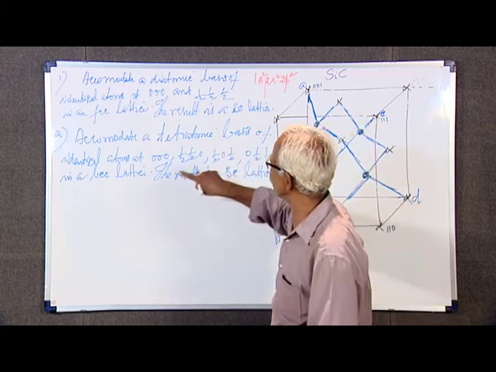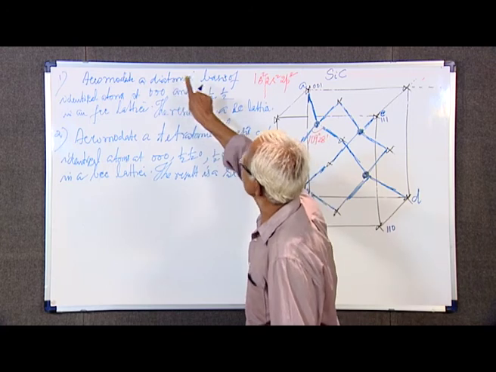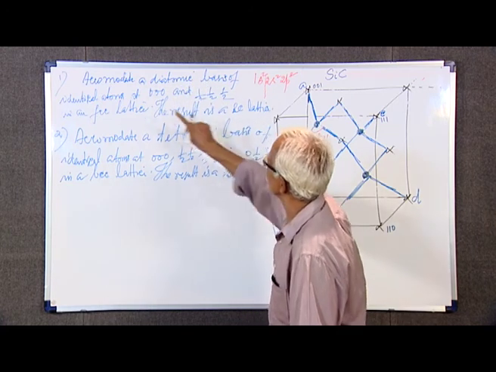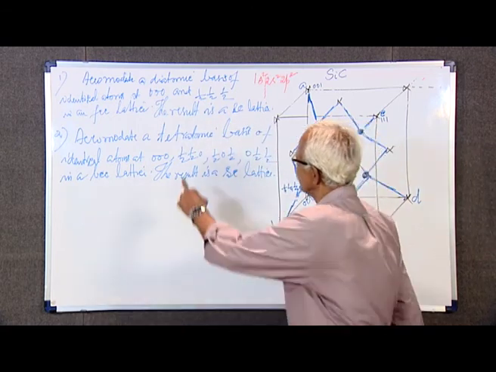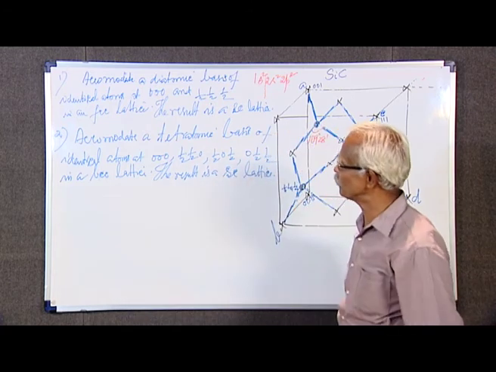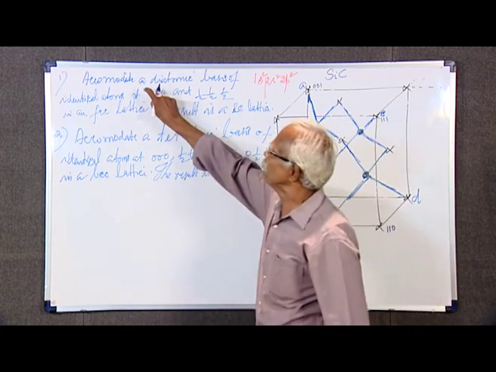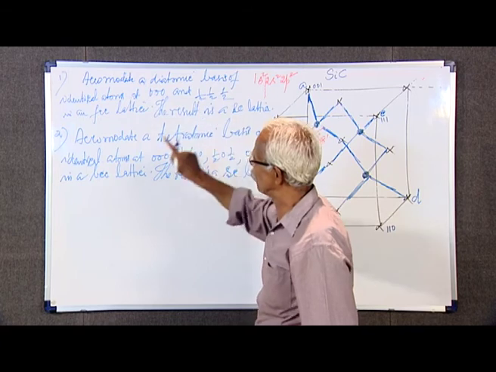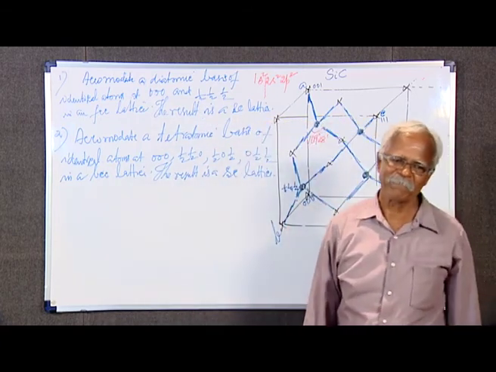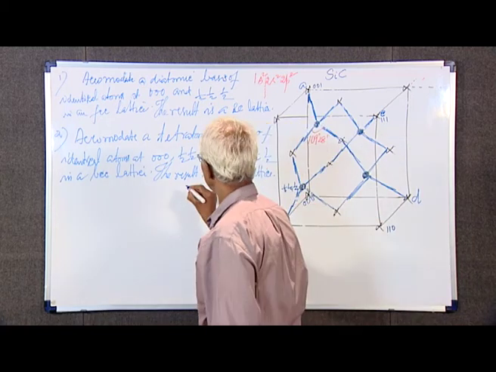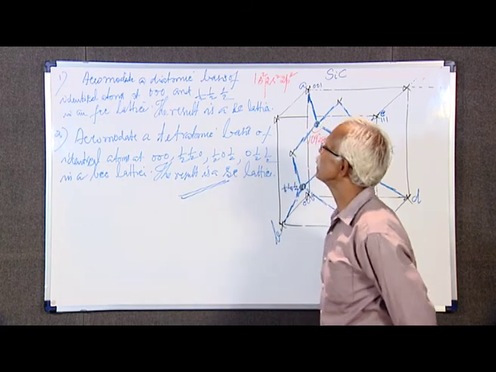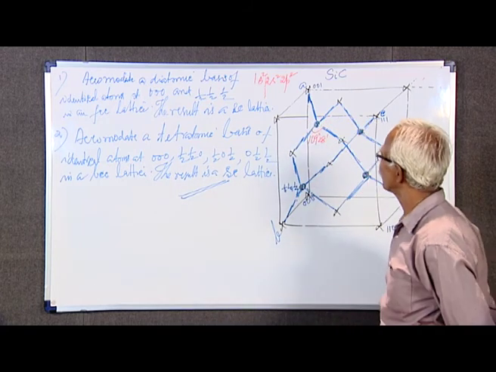So BCC into FCC equals FCC into BCC equals simple cubic. This is a very interesting result which one can take up as homework.